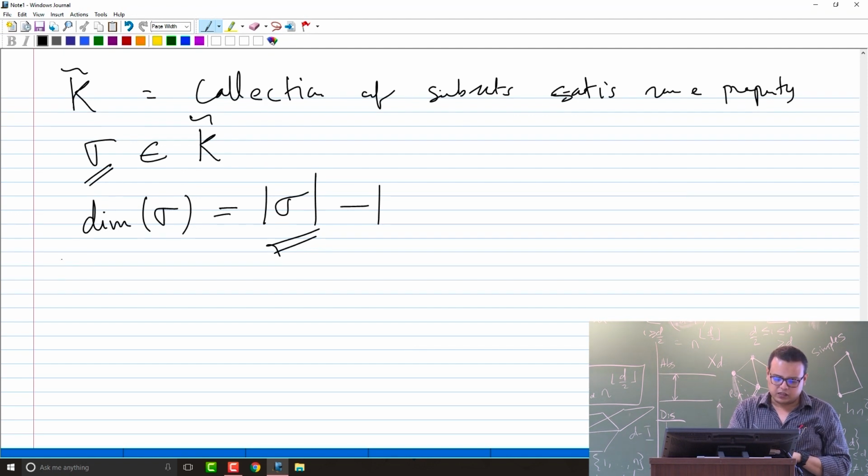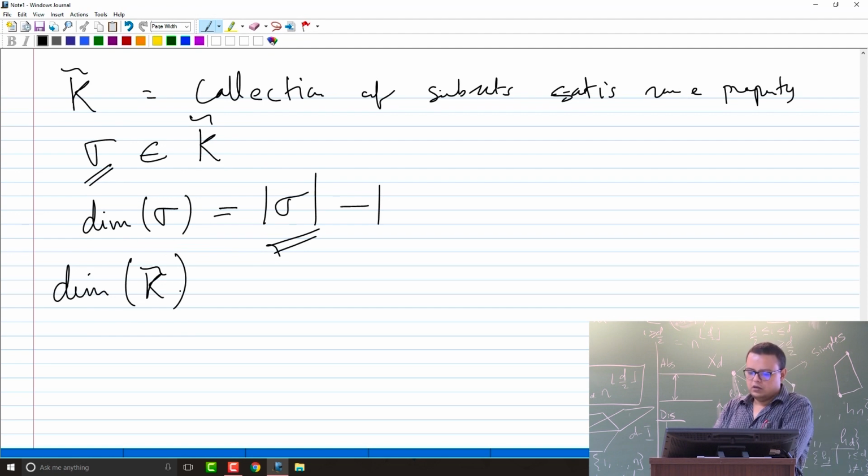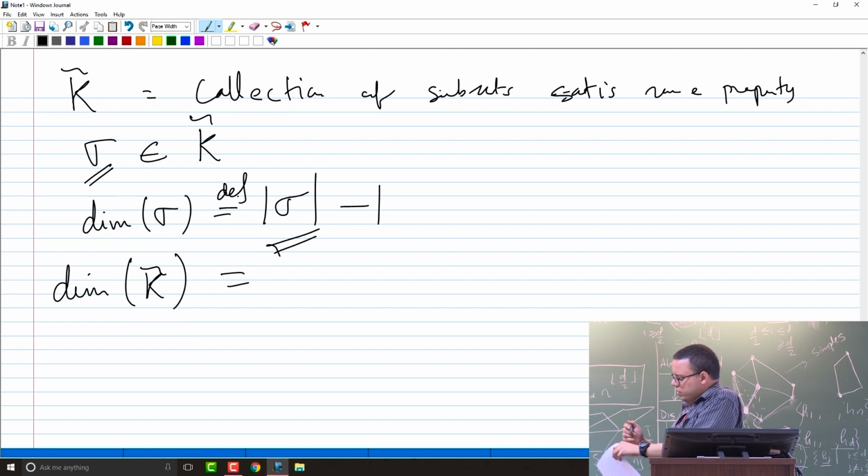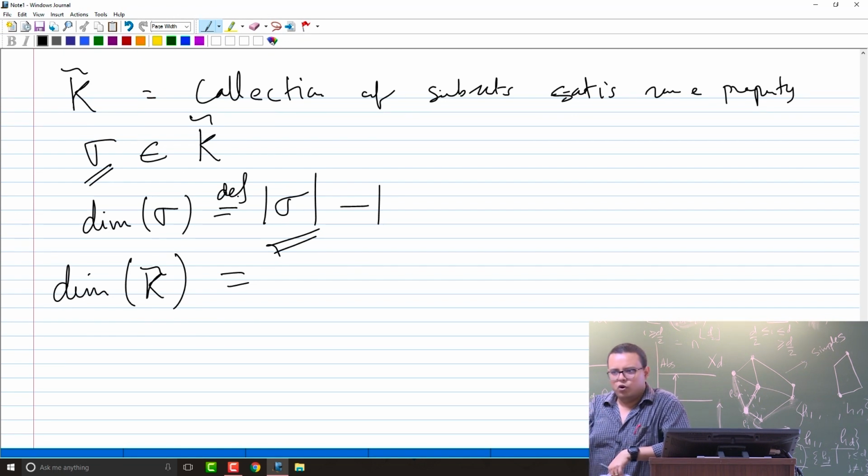So, again then you can ask what will be the dimension of K tilde. See, when you define a geometric simplex, you are not only saying the vertices, but you are saying it is a convex hull of the vertices. But since we are just looking at the convex hull of the points, once I know the points, I am done. The only thing I have to know is that the points should be affinely independent.